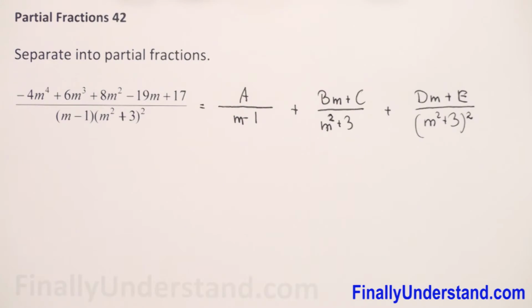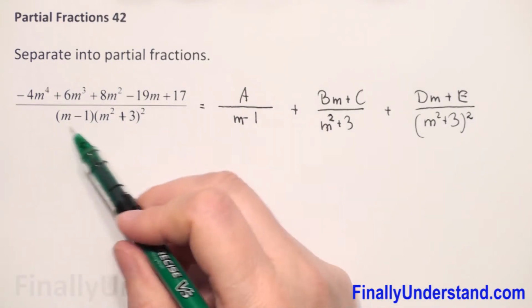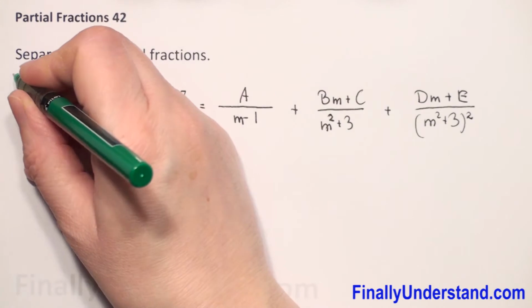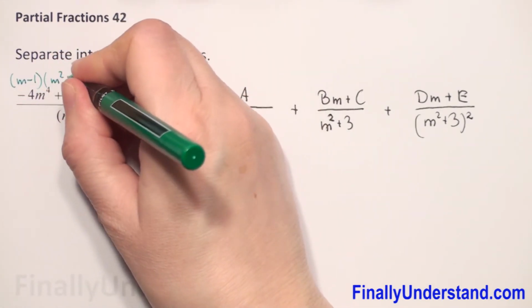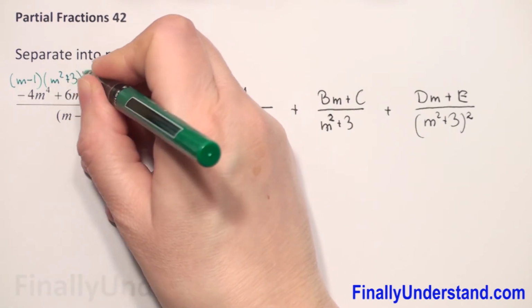First we need to get rid of our denominators. How do we do this? We always multiply both sides of our equation by the denominator of our original fraction. So we have to multiply both sides by n minus 1 and n squared plus 3 to the second power.